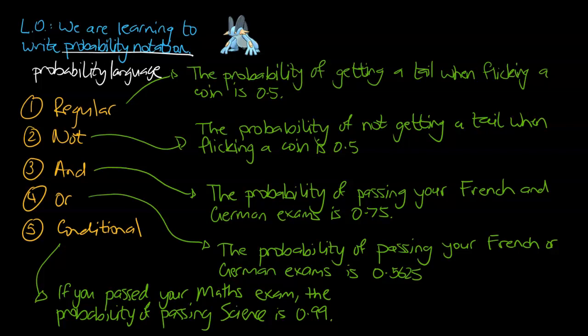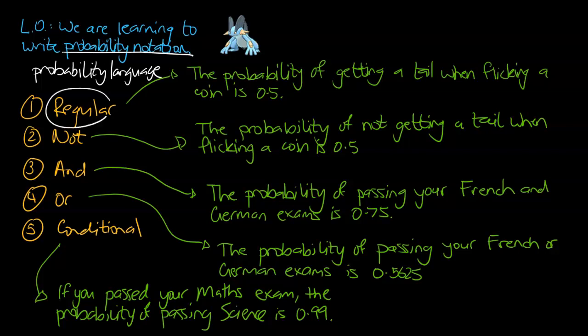And there's 5 particular events that we need to be aware of when we're writing down this notation, when we're communicating in our probability language. So there's 5 here. We've got regular questions, not questions, and questions, or questions, and then finally conditional questions. I've got an example for each. I'm going to write down the notation for each of them just to highlight the way we need to communicate our answers when we're dealing with probability.